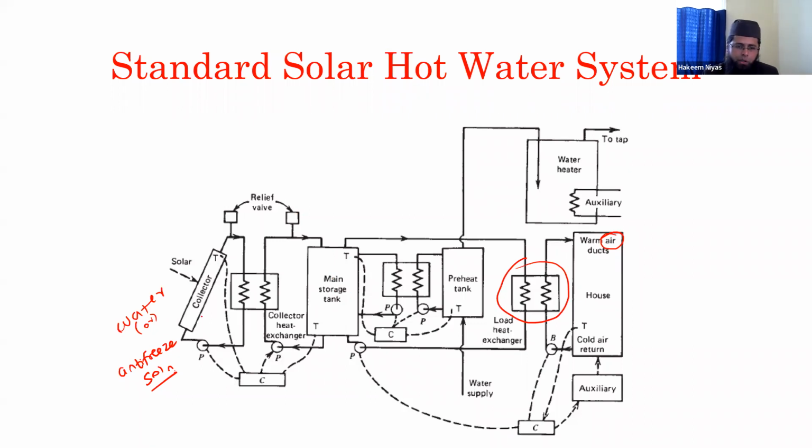So why are we using this separate heat exchanger? Why can't we do it without the heat exchanger? The reason is, if we are using antifreeze solution, we cannot use it directly. We want water in our end use.